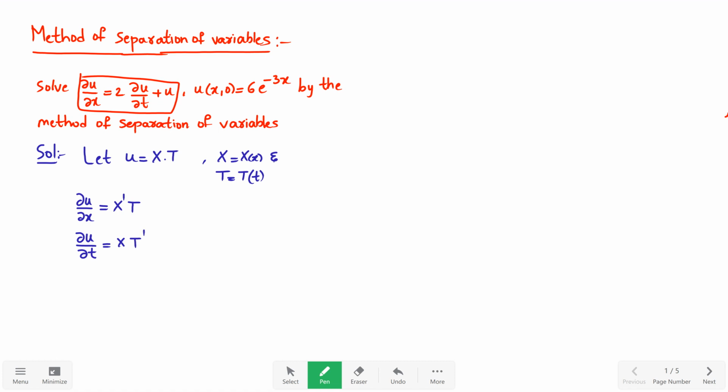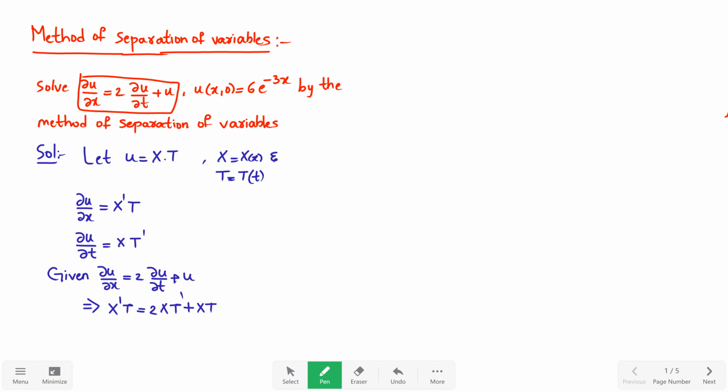After finding these derivatives, we put them in the given equation. Since the differential equation is ∂u/∂x = 2 ∂u/∂t + u, this reduces to X' T = 2 (X T') + X T.